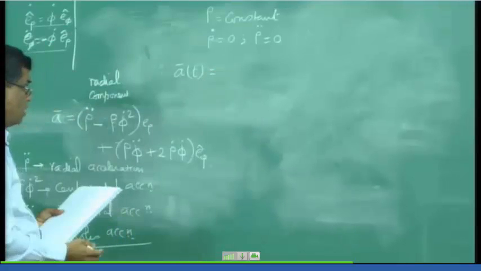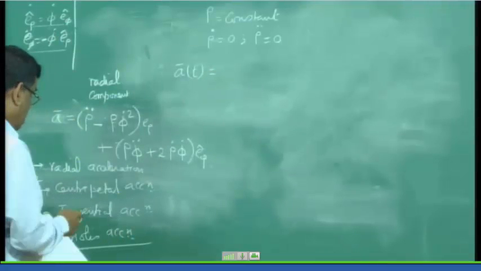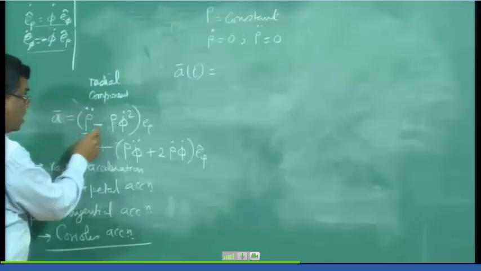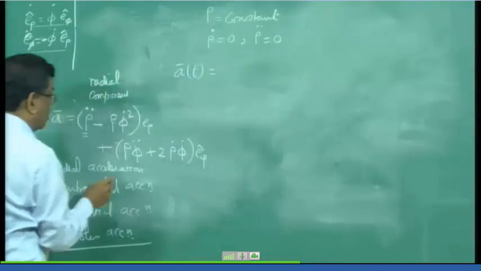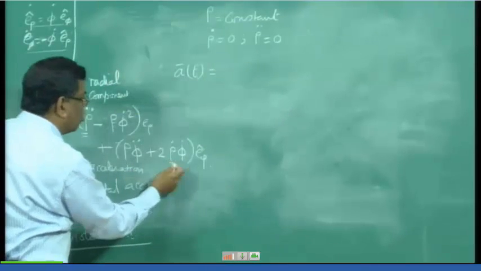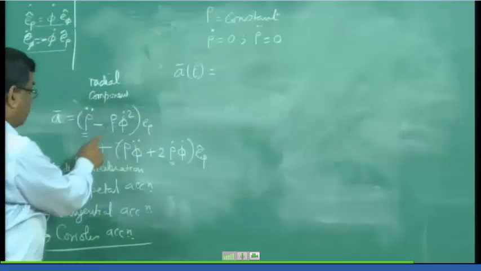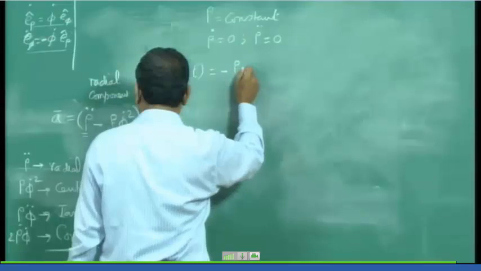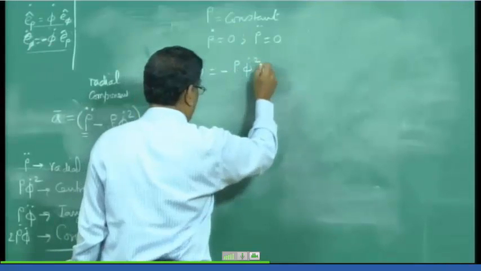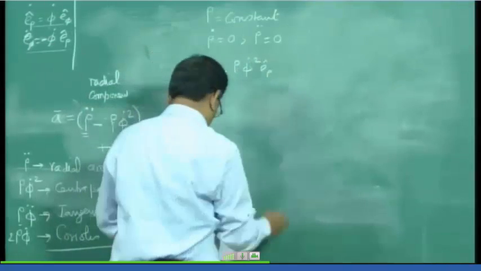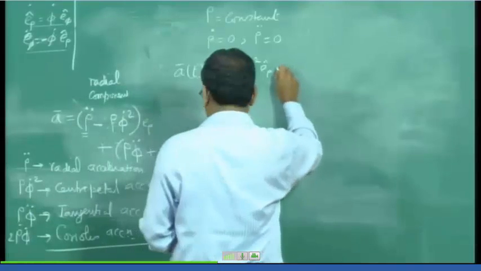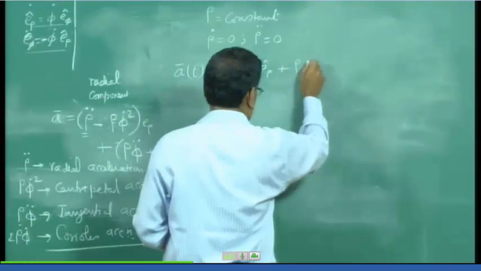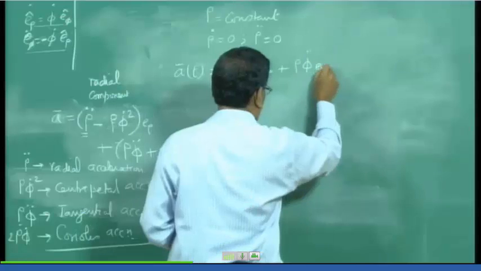This will be 0, rho double dot. This will be 0, rho dot. So I have only two terms: minus rho phi dot square, plus rho phi double dot E phi.